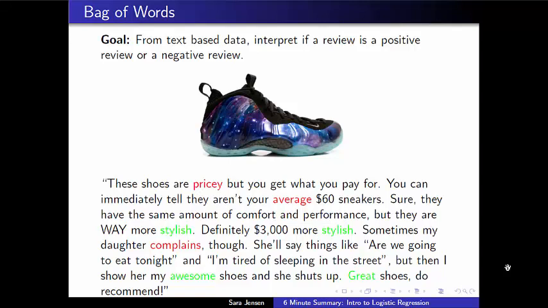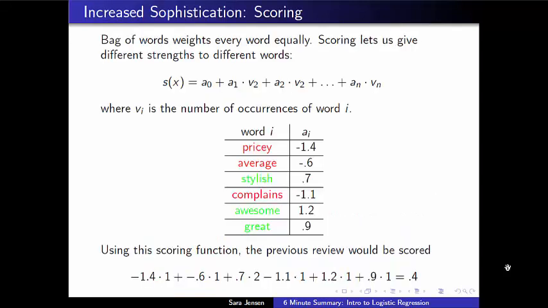And a bag of words model would simply count the number of green words, count the number of red words, and do a subtraction. If that value is positive, we'd attribute the review as being a positive review. If that value is negative, we would attribute the review as being a negative review. Easy peasy. However, that kind of model is both incredibly indecisive and very naive and doesn't really do the best job that we can do.